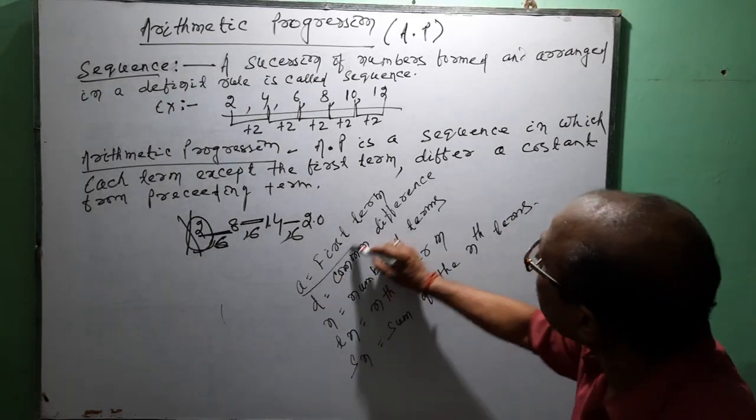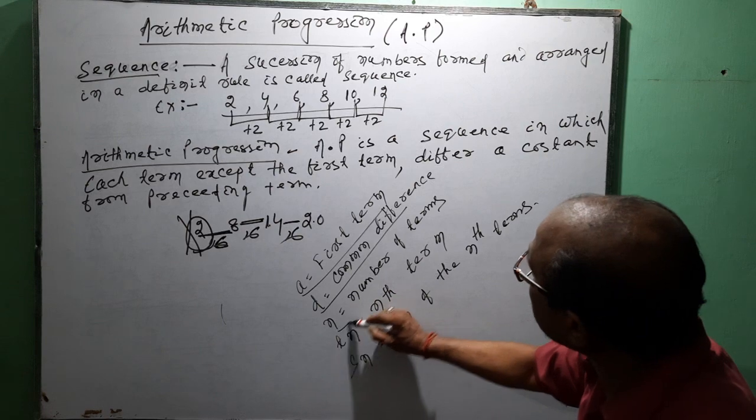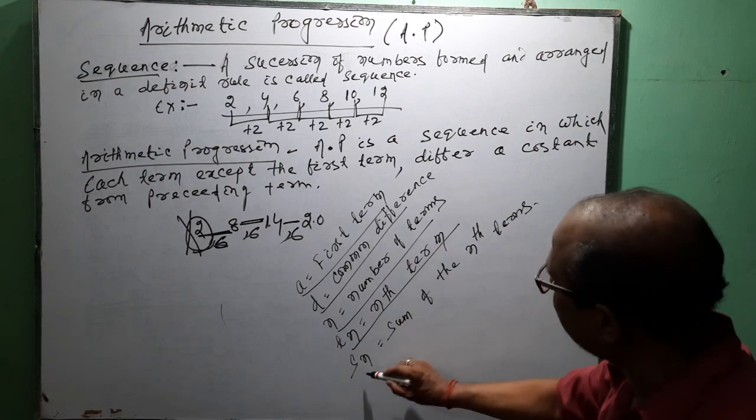So these are the symbols required in arithmetic progression.